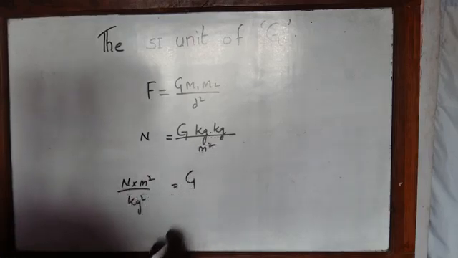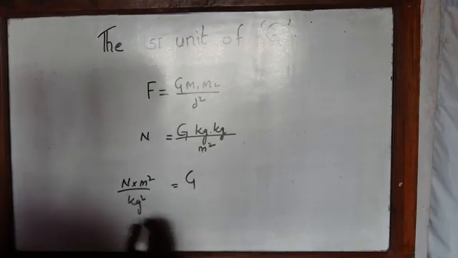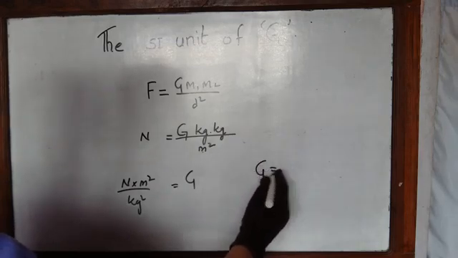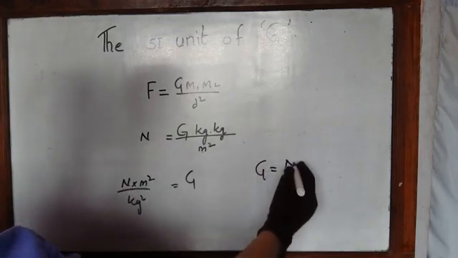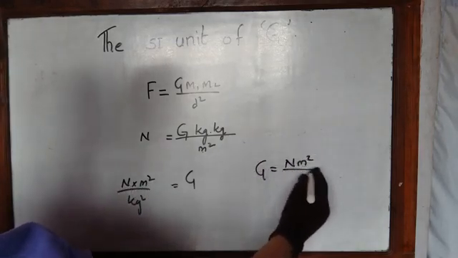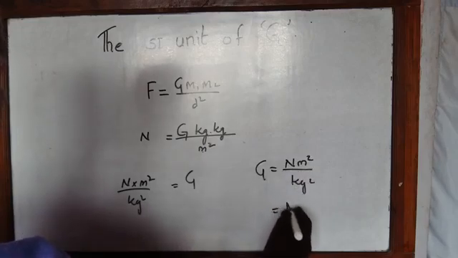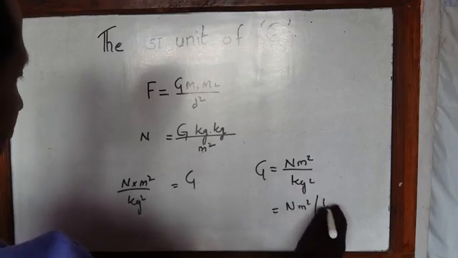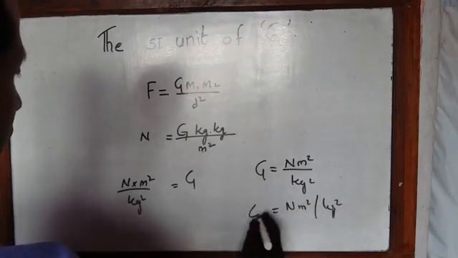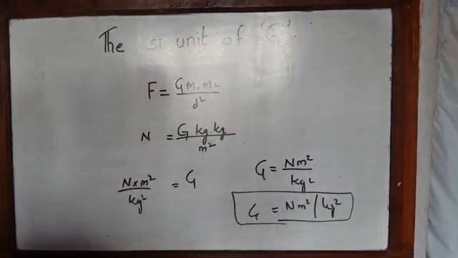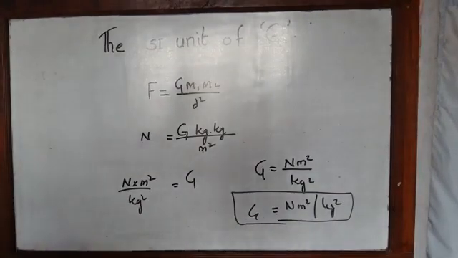And here we have the gravitational constant, so G equals Newton meter square upon kg square, which can be written as Newton meter square per kg square. So this is the unit of the gravitational constant. This is how we derive the unit of the gravitational constant.